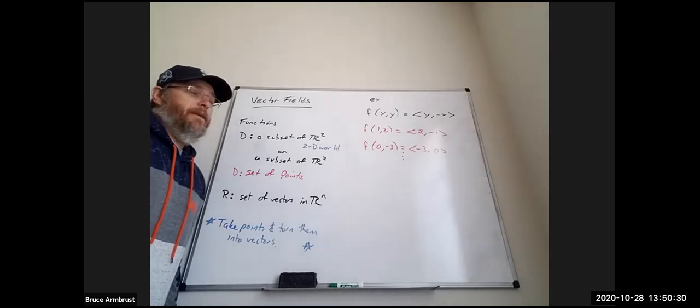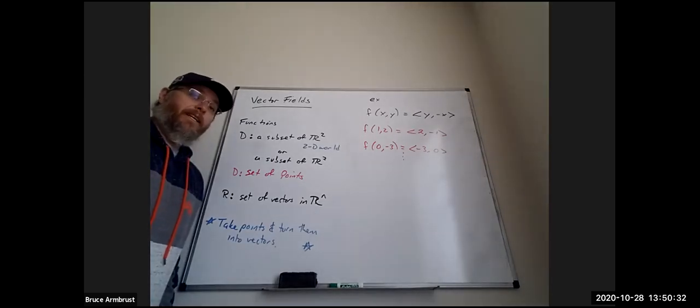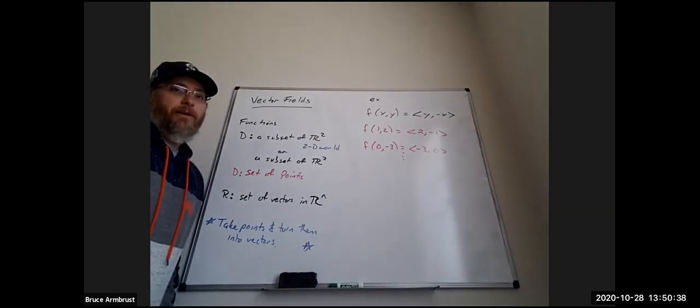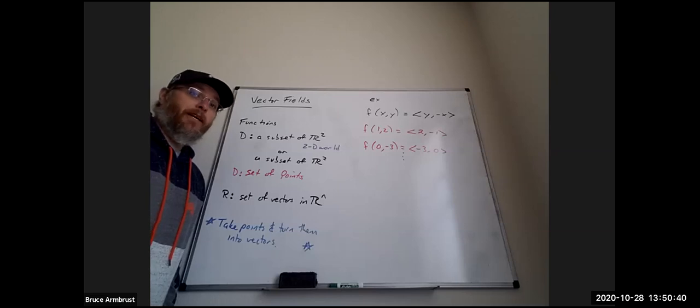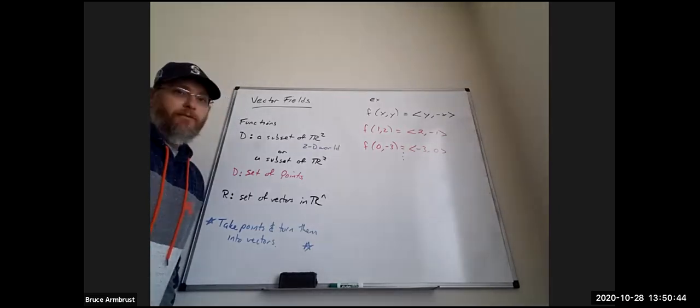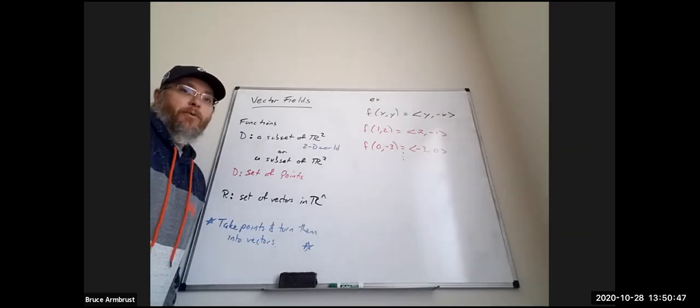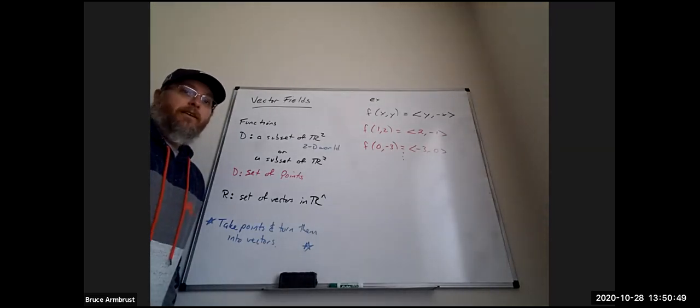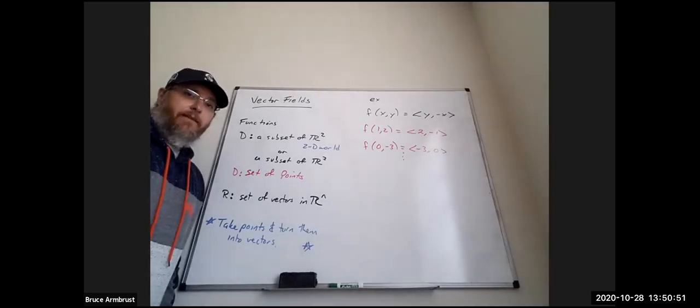All right, so this is an example of one that's taking a two-dimensional point and giving us a two-dimensional vector. But we could have had a three-dimensional point giving us a three-dimensional vector. We could have a three-dimensional point giving us a two-dimensional vector. We can go 2D to 3D. I mean, we could even go beyond 3 dimensions. I'm not going to do that to you yet.